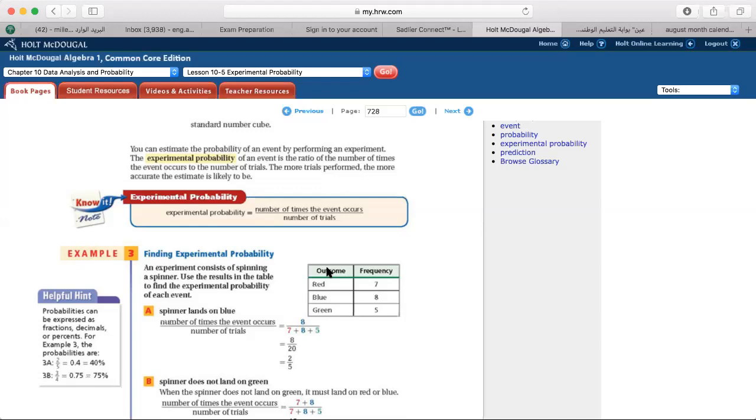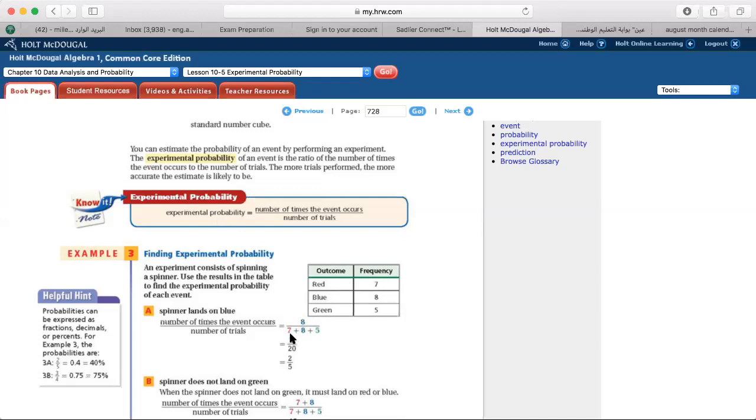So the spinner lands on blue. What is the experimental probability? Where is blue here? Outcome blue, the frequency is 8. So I'm going to write 8 in the numerator. What am I going to write in the denominator? The number of trials.